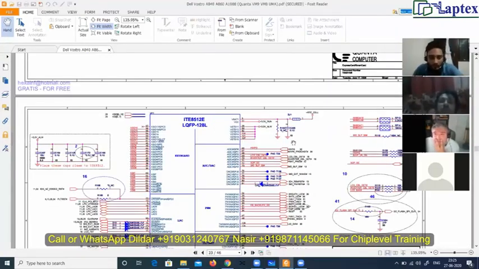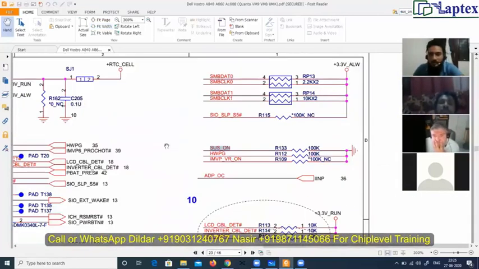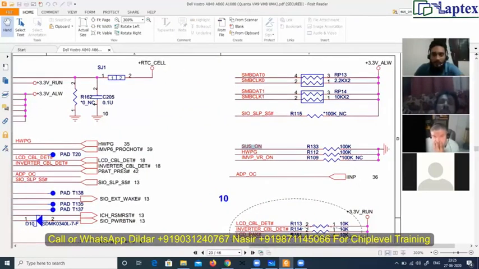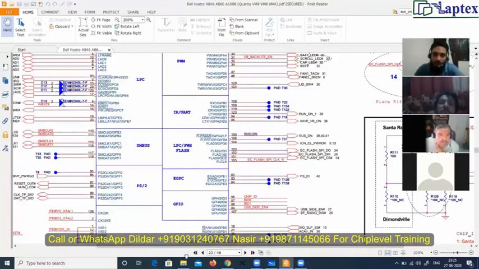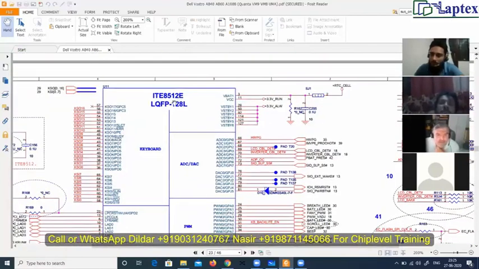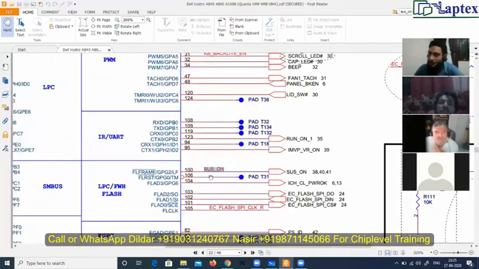See here where it is coming. This is the SUS-on, right? Let me search it again. It's coming from where? IO? So it is coming from 8510 IO, pin number 100, right?